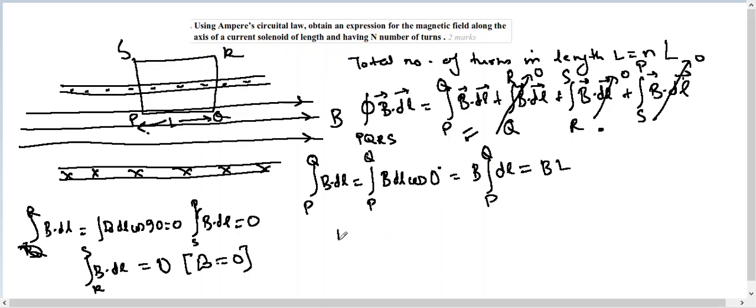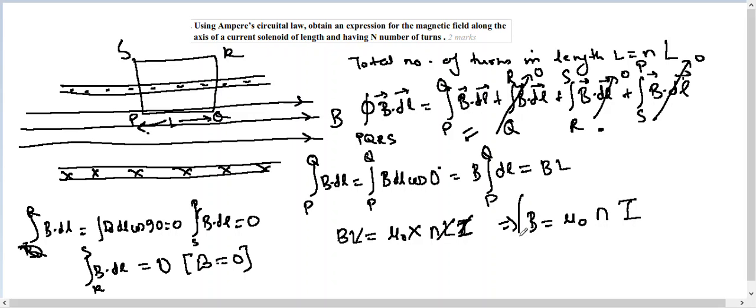So we can write BL as equal to mu naught into the total current flowing across the total length. The L gets cancelled, so we get B equal to mu naught n I. That's the value of the magnetic field of a solenoid.